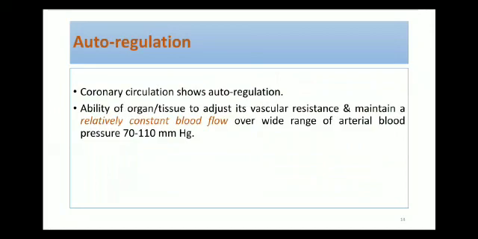So the ability of the heart to adjust the diameter of the vessel and its vascular resistance and maintain a relatively constant blood flow over a wide range, from 70 to 110 mean arterial pressure. So from 70 to 110 mean arterial pressure, the heart is able to autoregulate its blood flow. But this autoregulation has a limitation. It will fail when the mean arterial pressure is less than 70.